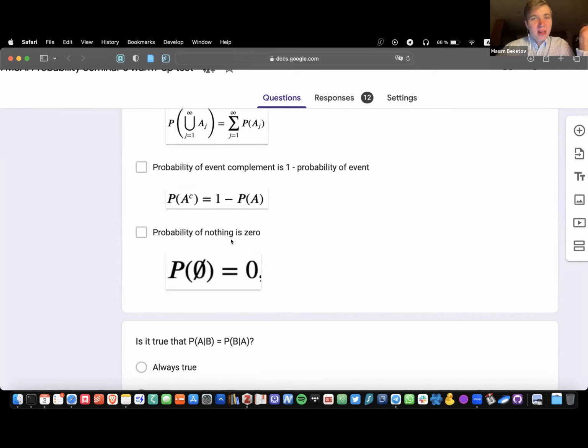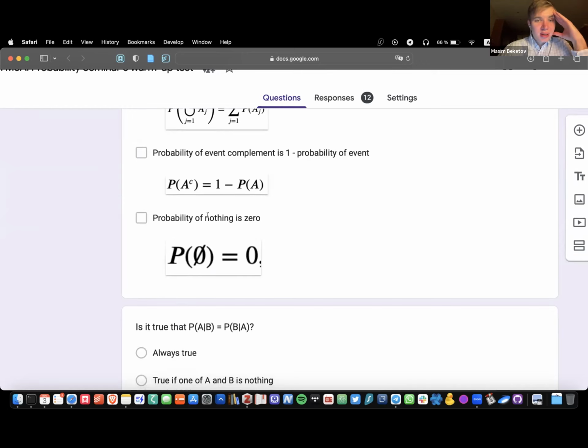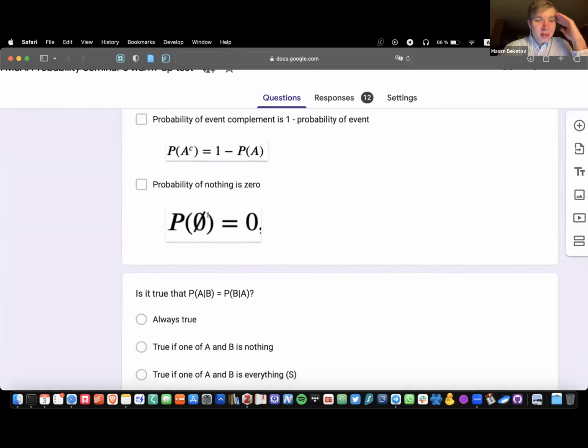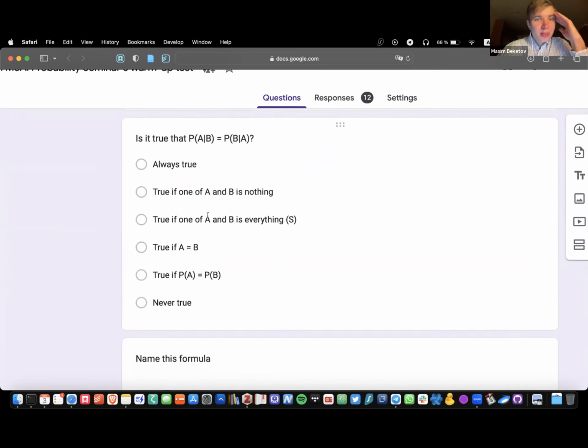Basically, if we do probability in this axiomatic way, we have the sample space, right? So this formula says that if you pick an empty set as a subset of the sample space, then its probability is 0. Yeah, that is true, of course.